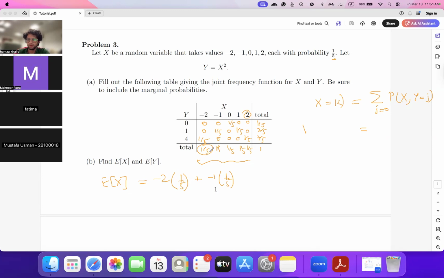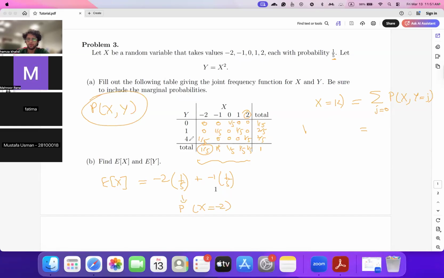Is that point clear? Yeah. This is not from the joint one. This is basically the probability of X, the probability that X equals minus 2. It's not the joint probability distribution, not this thing over here.